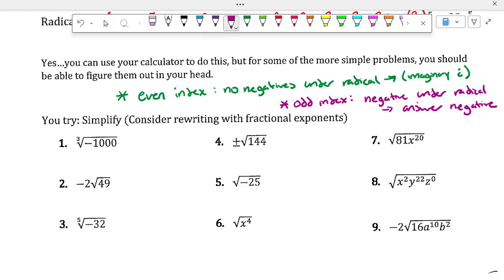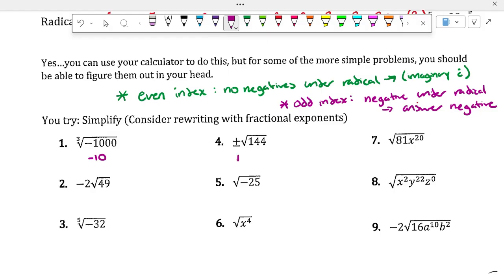All right, let's look at number 1. You can use that reference sheet that I gave you for this. What is the cube root of -1000? -10. Good. The cube root of 1000 is 10. If it has a negative under the radical, it means your answer is negative. Now, they want the plus or minus answer of the square root of 144.